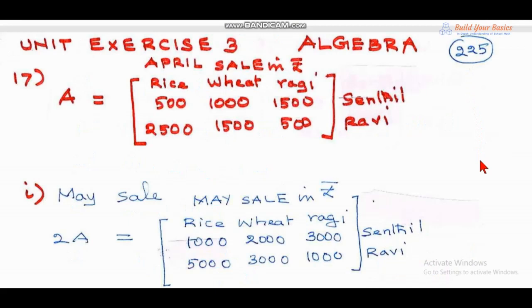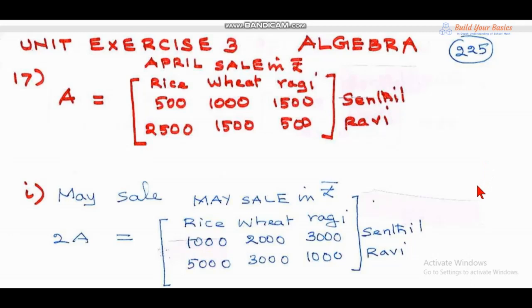Unit exercise 3, sum number 17. Two farmers, Senthil and Ravi, cultivate 3 varieties of grains, namely rice, wheat and ragi.